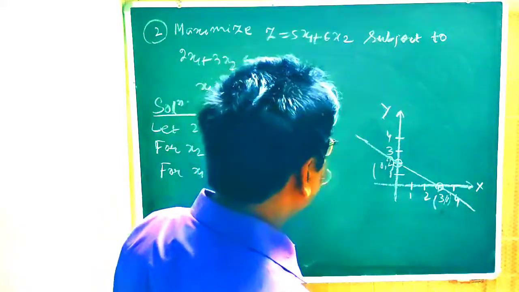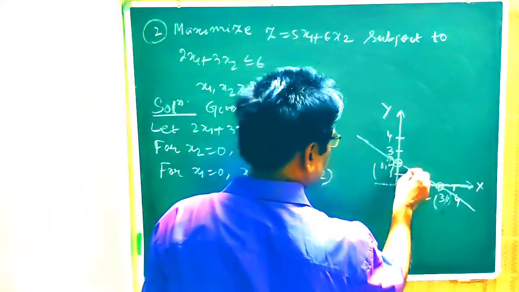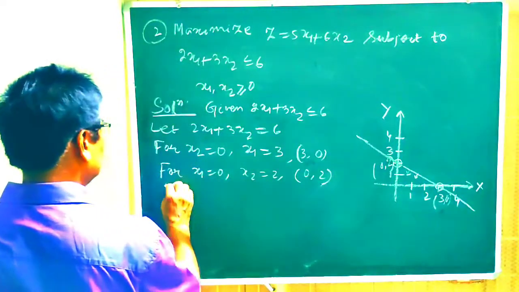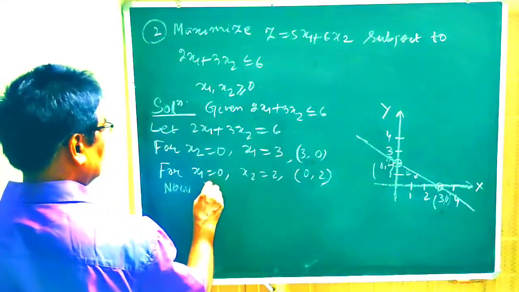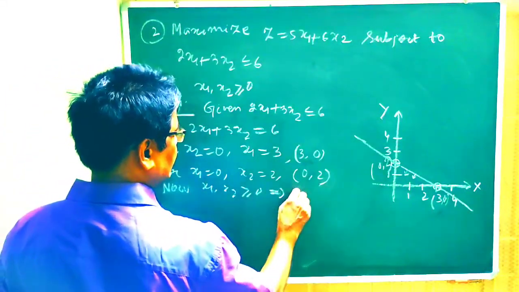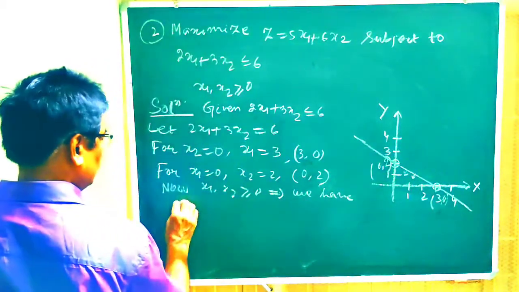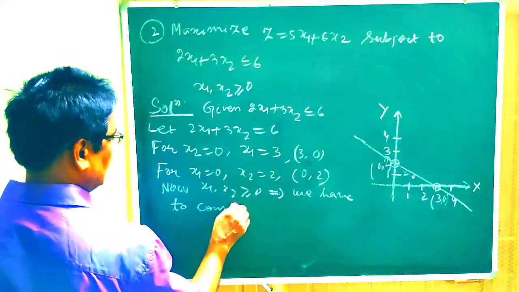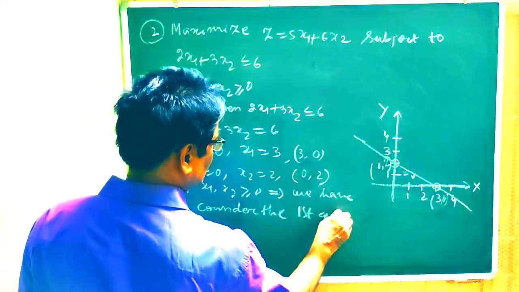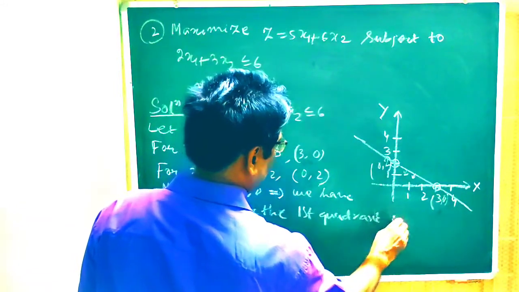Here it is given 2x1 plus 3x2 less or equal to 6. So we have to consider this side. Now x1, x2 greater than or equal to 0. This implies we have to consider the first quadrant only.